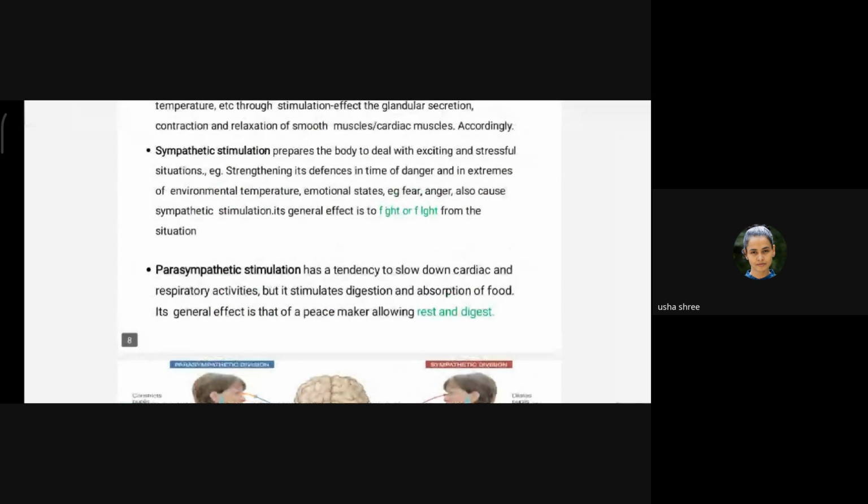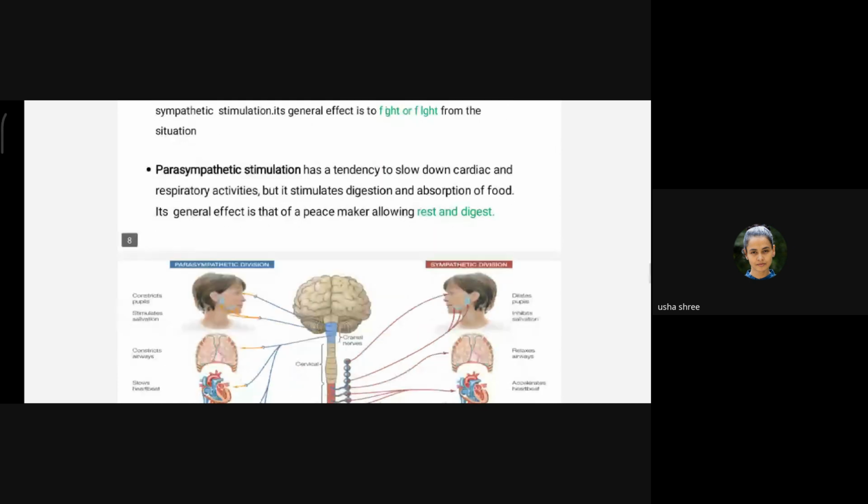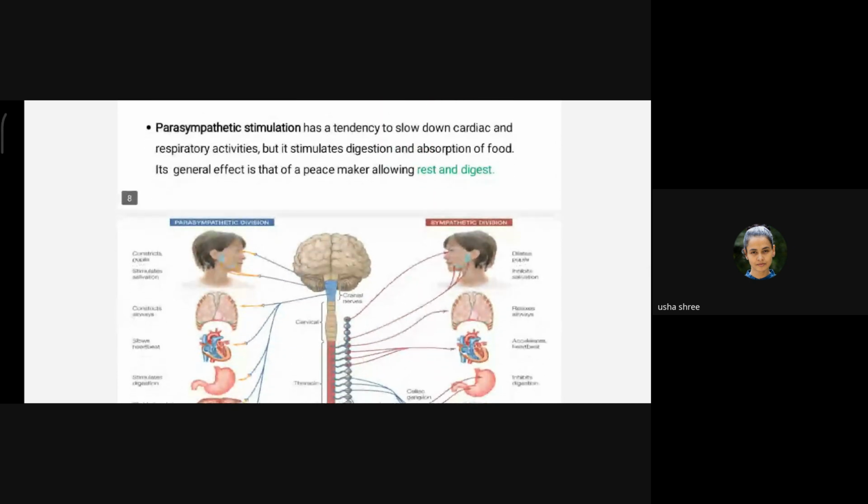Now parasympathetic stimulation has a tendency to slow down cardiac and respiratory activities, but it stimulates digestion and absorption of food. Rest and digest. Its general effect is that of a peacemaker, allowing rest and digest.